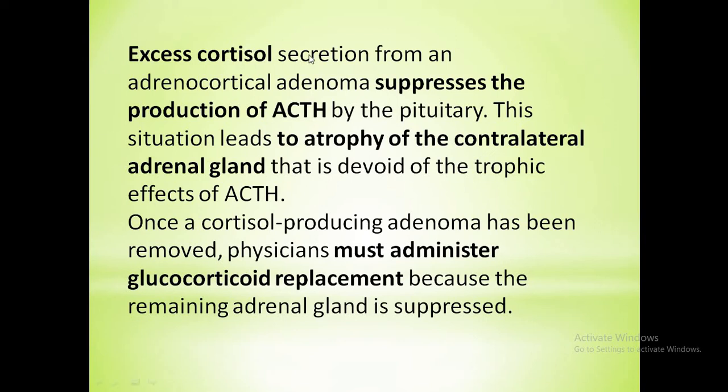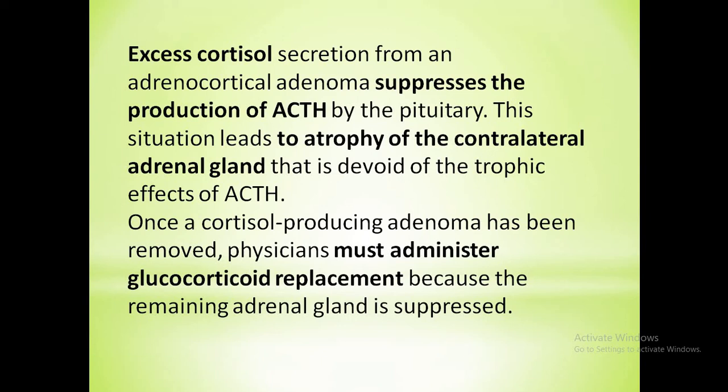Excess cortisol secretion from an adrenocortical adenoma suppresses the production of ACTH by the pituitary. So this leads to atrophy of the contralateral adrenal gland that is devoid of the trophic effects of ACTH. So once a cortisol-producing adenoma has been removed, physicians can administer glucocorticoid replacement because the remaining adrenal gland is suppressed.